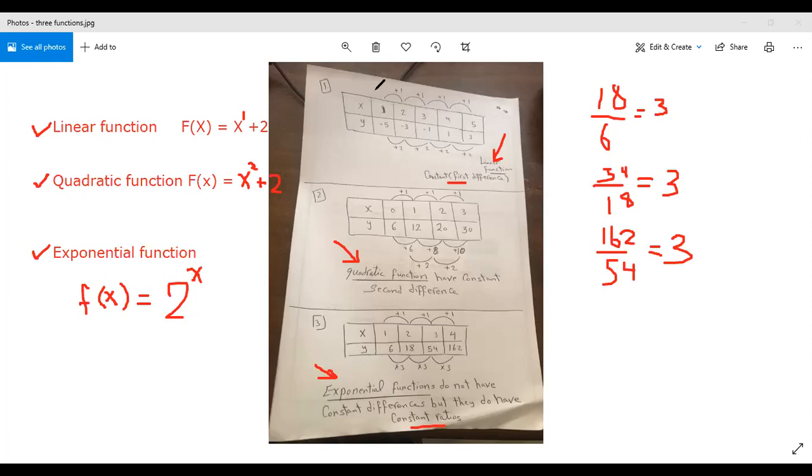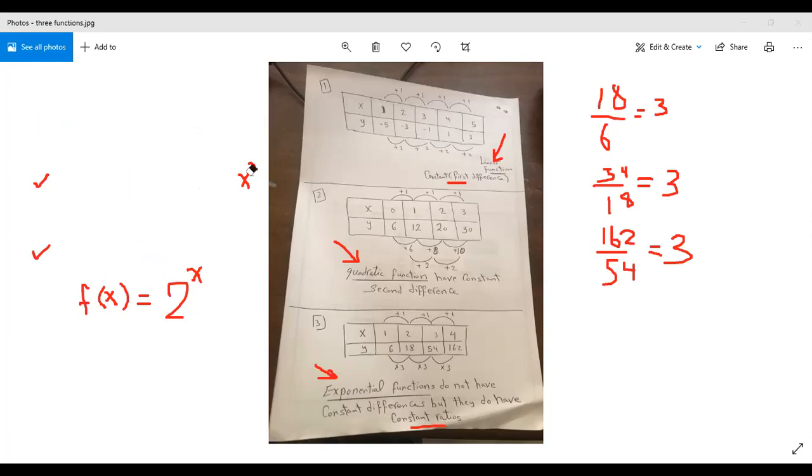So the first type of function, what is it? It's a linear function. And we note that with the linear function we have a first difference, right? With the quadratic function, we have a second difference. And with the exponential function, we have a constant ratio.